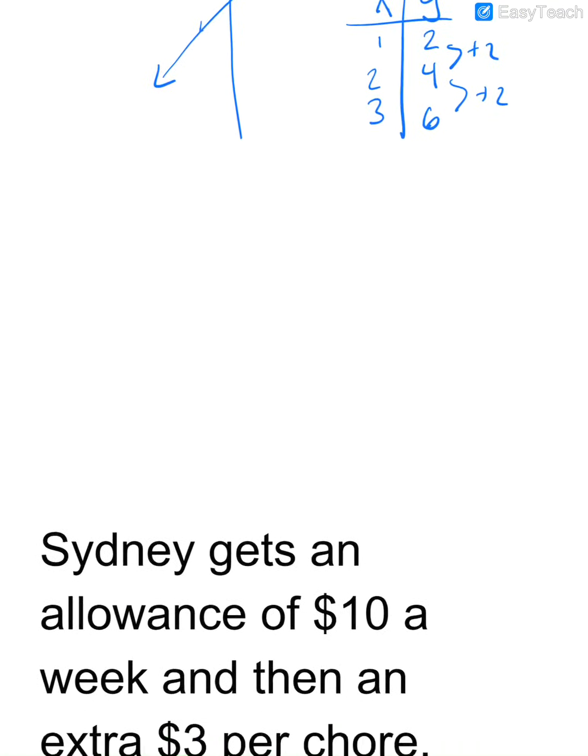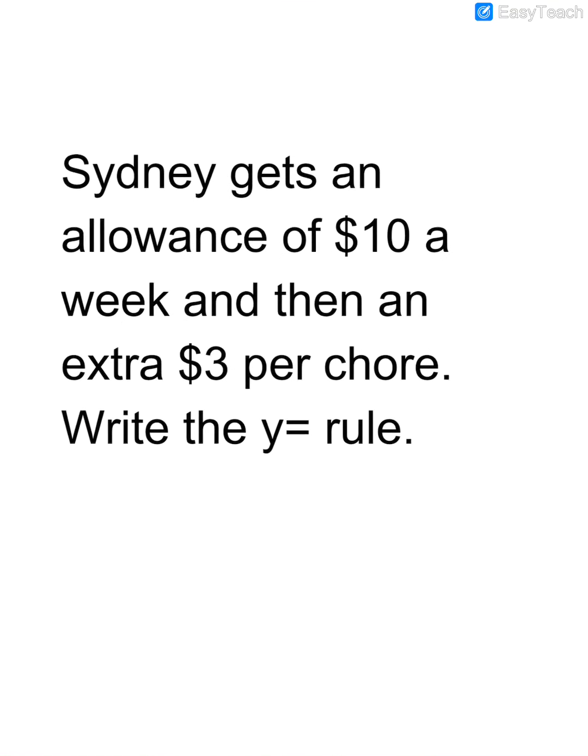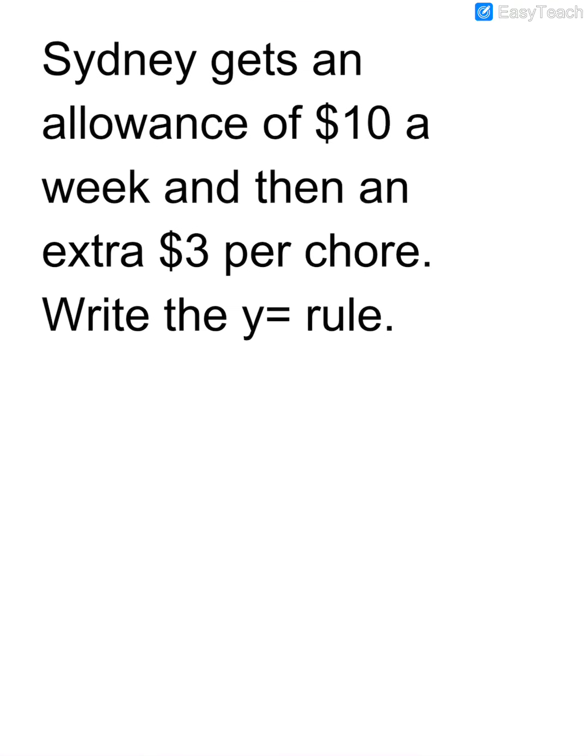All right, so let's look at our first word problem. So it says Sydney gets an allowance of $10 a week and then an extra $3 per chore. Write the y equal rule. So let's take a look. Sydney gets an allowance of $10 a week. So that means no matter what, Sydney gets $10 a week.